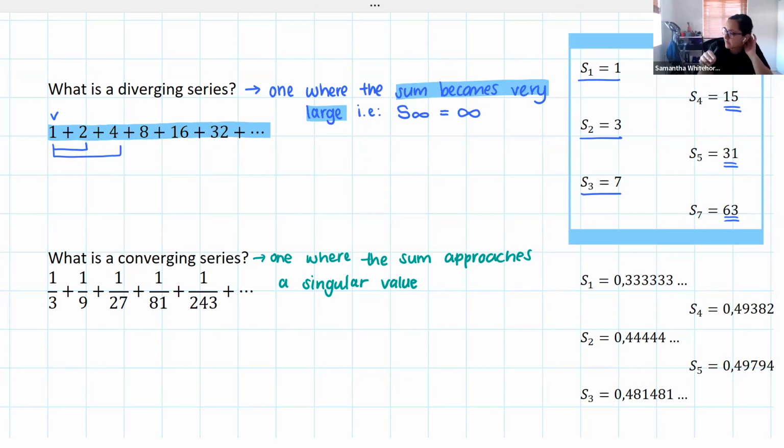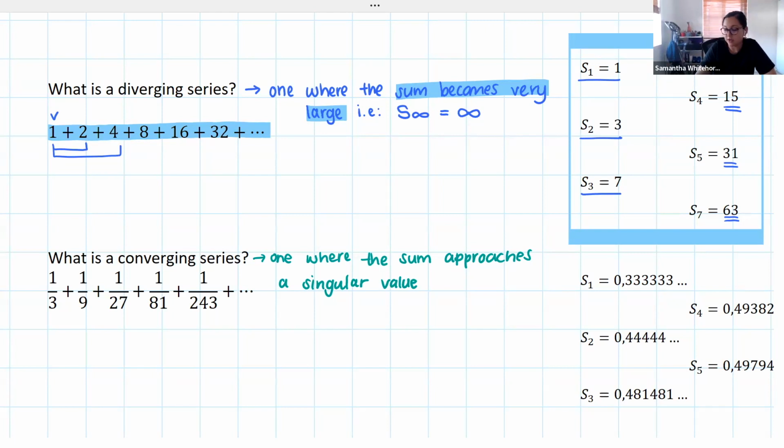And Kanisile's comment there in the chat is also a really good way to think about what types of series are converging series. If the terms of your specific series are getting smaller and smaller as you go along, it'll be a converging series because you're adding a smaller and smaller amount each time, which means that those sums are getting closer and closer to a specific value.